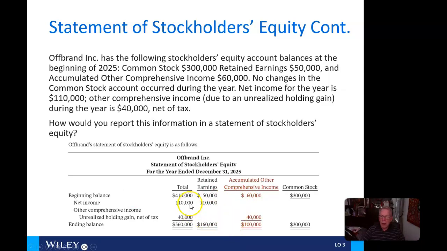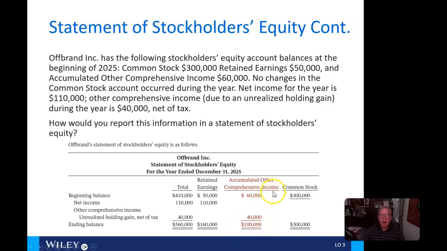You're going to have your statement of stockholders' equity here, which includes common stock. So this one's easy. We just have a column called common stock. And then we have retained earnings. Here's our normal retained earnings, beginning balance. We add net income. There wasn't any dividends. So our ending balance is 160,000. But we had accumulated other comprehensive income.